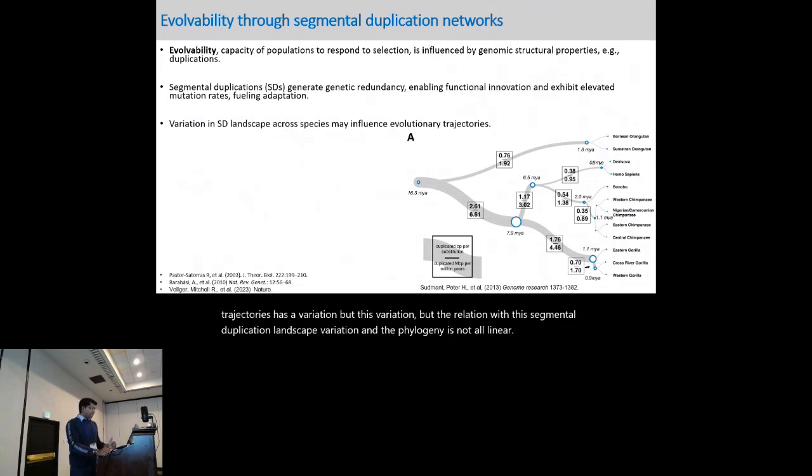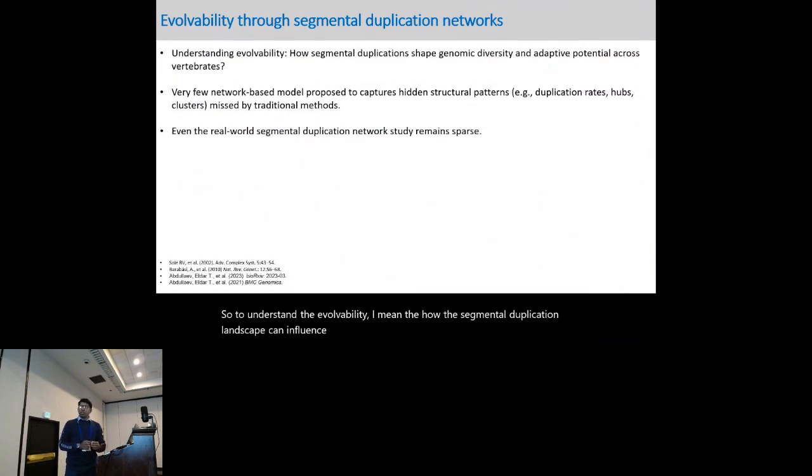So to understand evolvability, I mean how the segmental duplication landscape can influence the phylogenetic trajectories, is important.